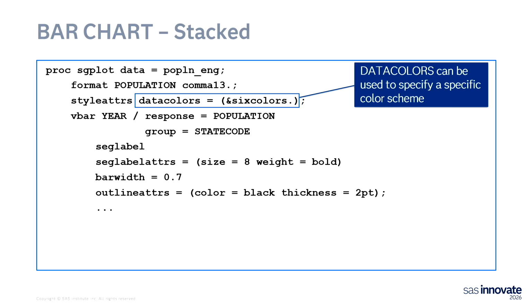So the first thing we're going to do is there are different types of statements you can provide within the procedure. We have a format statement, but we also have what we refer to as STYLEATTRS. That is the attributes, and most of your attributes are going to be inherited from the particular style that you're using. So if you're using ODS PDF, the inherited style is Pearl.